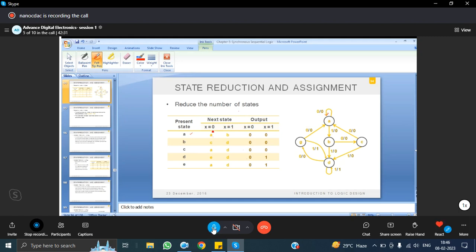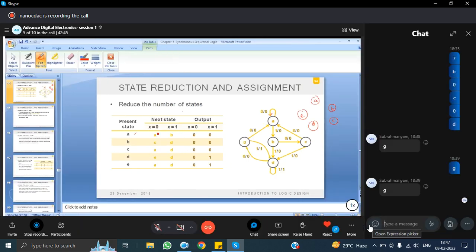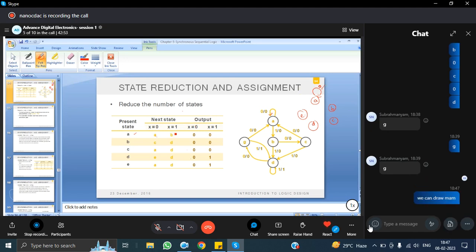You took the states A, B, C, D, E. Take them any way, A B C D E. If X is equal to 0 it will be in the same state. With X equal to 0, the output will be 0. You can draw. Very good.